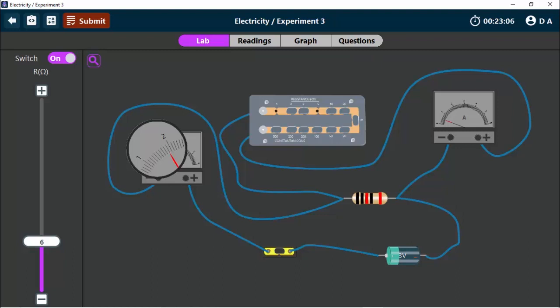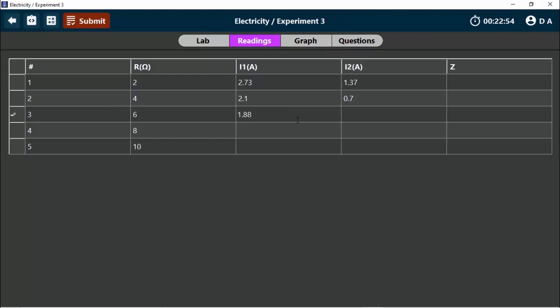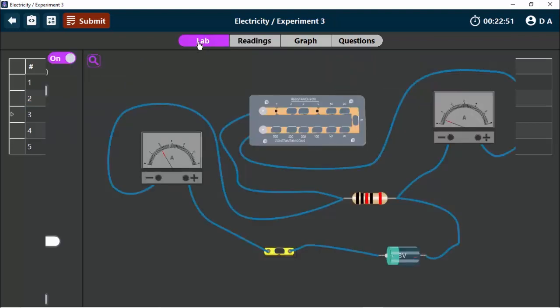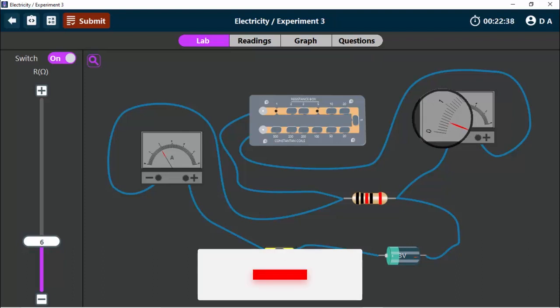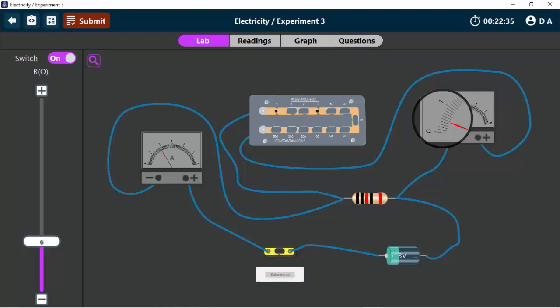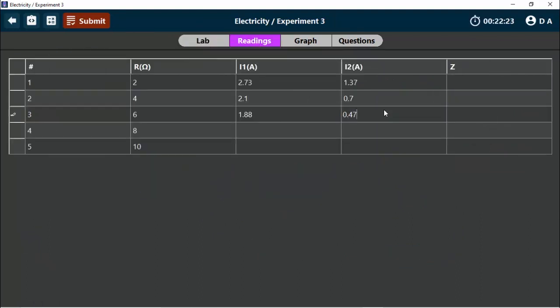So we could say 1.88. Then for the second ammeter, you have a value very close to 0.5, but let's say 0.47.